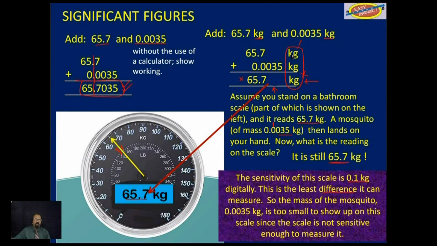But when you are dealing with measured quantities, 65.7035 would be incorrect. Your answer is actually 65.7. If you write 65.7035 kilogram in CSEC, 1 mark will be deducted because you have too many significant figures.